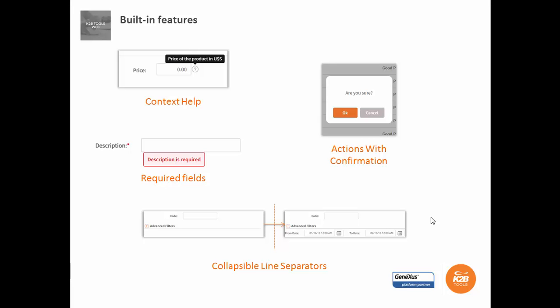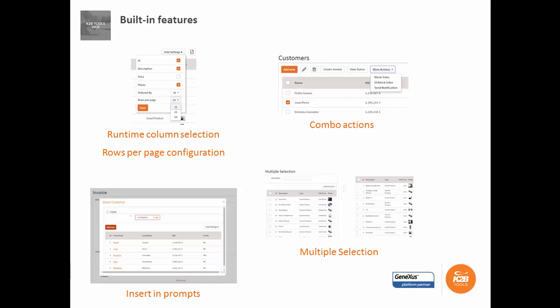Aside from the filters, we have a lot of common features automatically implemented in K2BTools, which are very easy to use. For example, you can configure context help messages, actions with confirmation, required fields, use of collapsible areas to separate and organize information, runtime column selection in grids, rows per page configuration in grids, combo actions, multiple selections of elements, inserts in prompts.